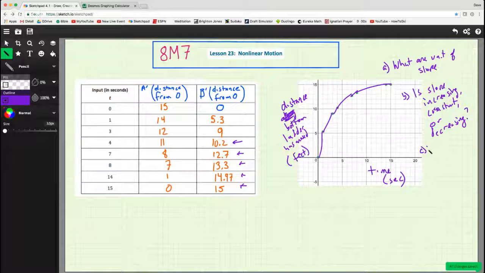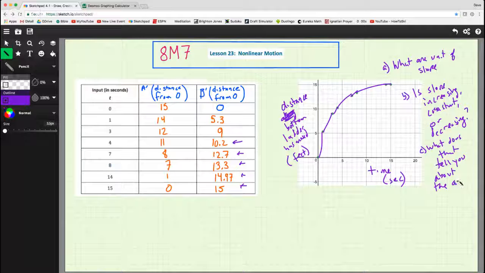And see, what does that tell you about the answer to our question? And our question again is the bottom of the ladder speeding up, slowing down, or staying constant?